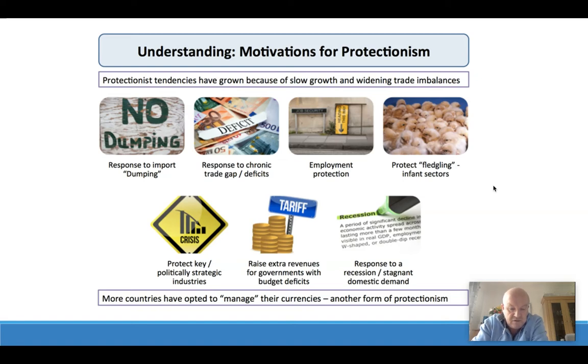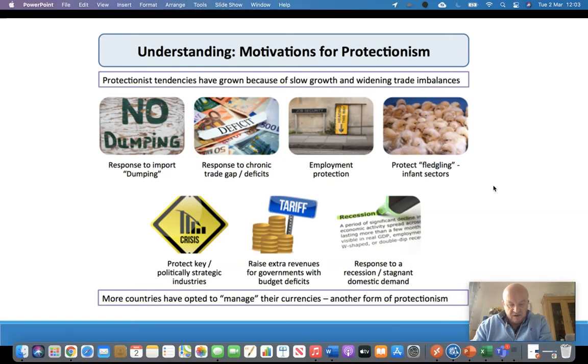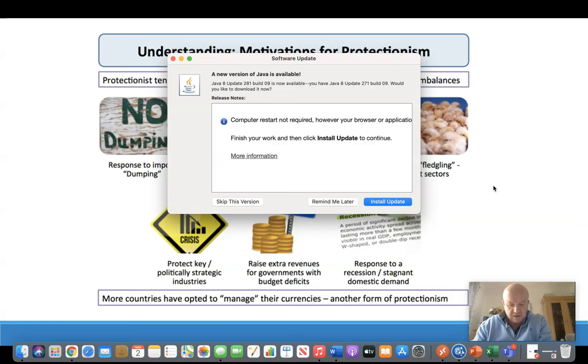So managing their currencies, devaluing their currencies, maybe, if you take China as the example, to try to make sure that people keep importing goods from their country because of the relative price difference created by them managing their currency.